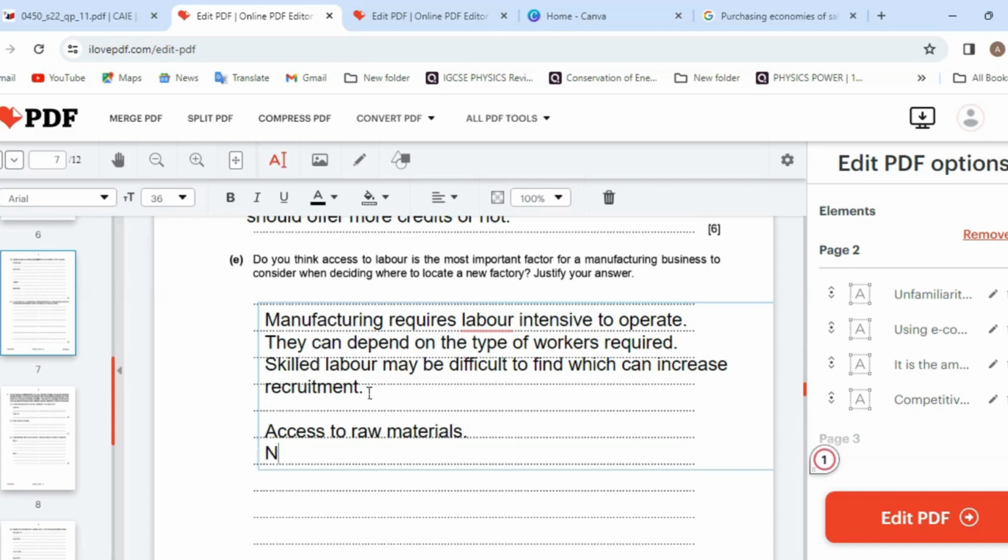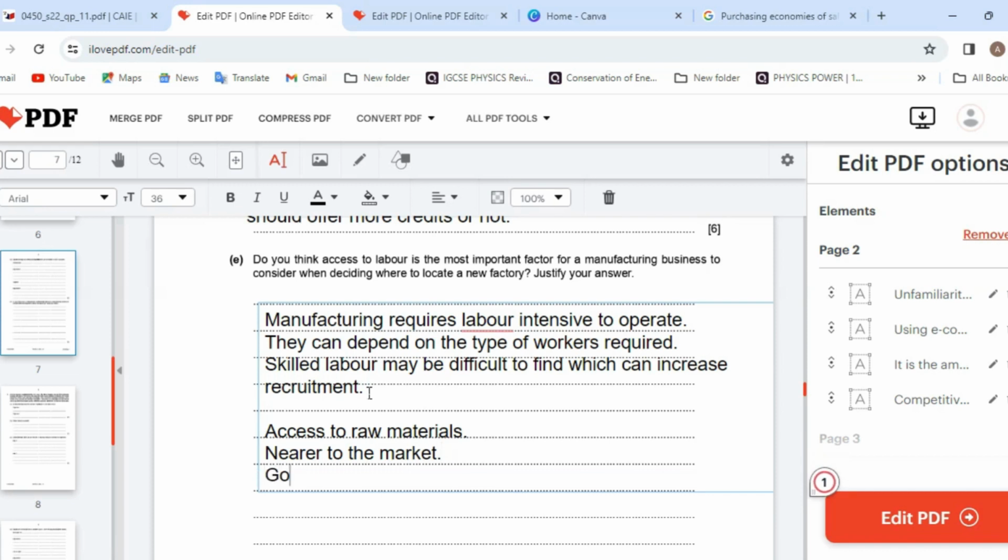And nearer to market. You can also consider that too, nearer to the market, so that they will have sales and enough revenue.